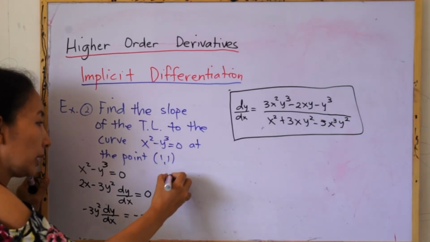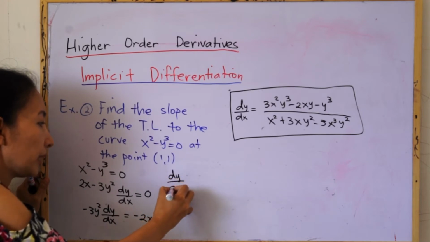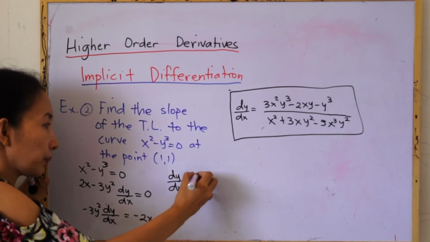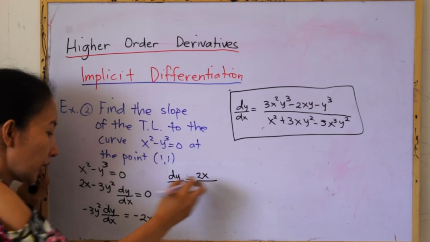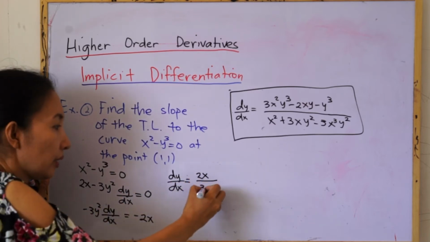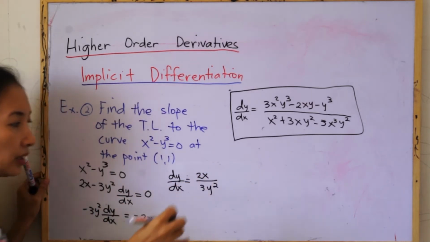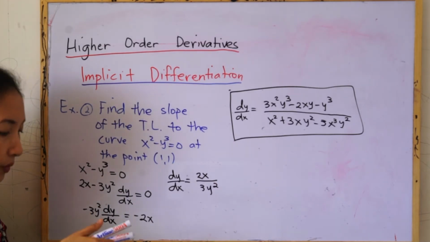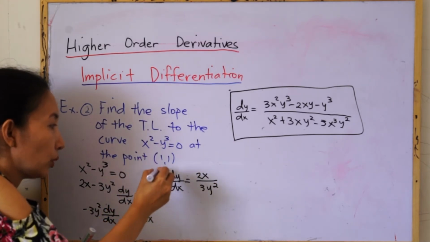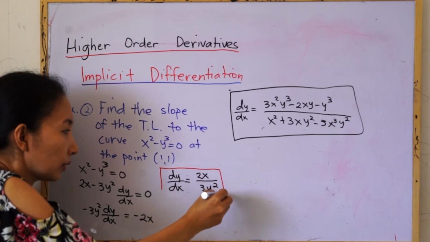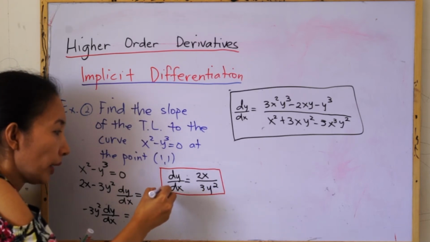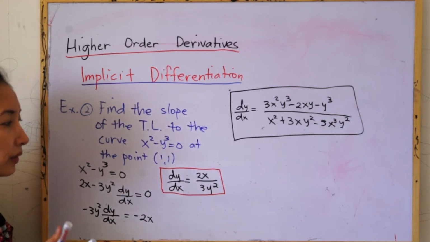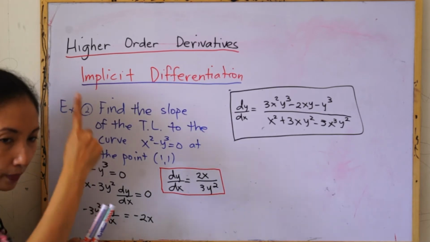Then we'll end up with dy over dx equal to 2x over 3y squared. Okay, so dy over dx is equal to 2x over 3y squared. But we go back to the problem.